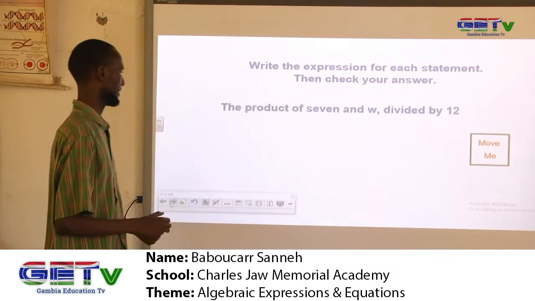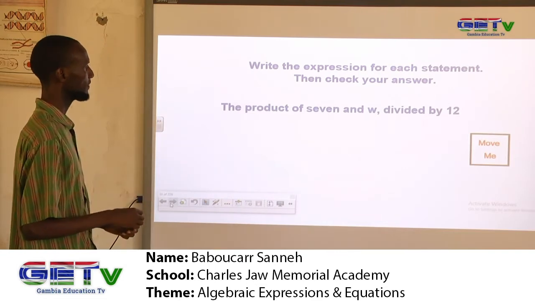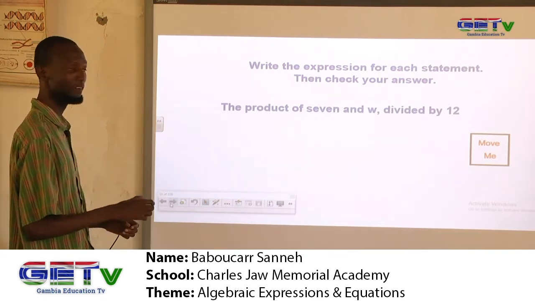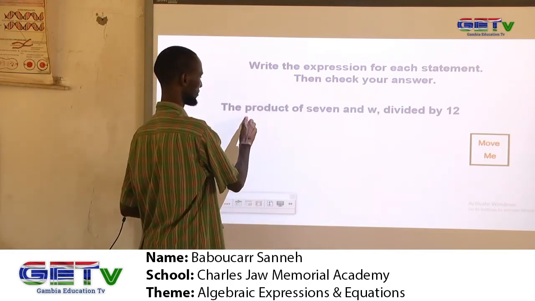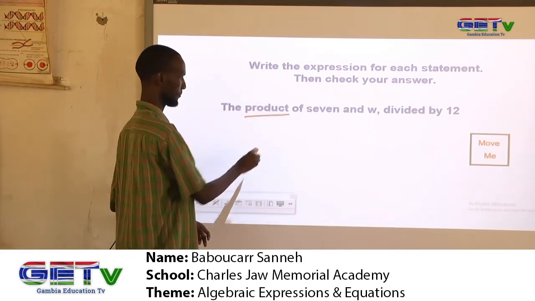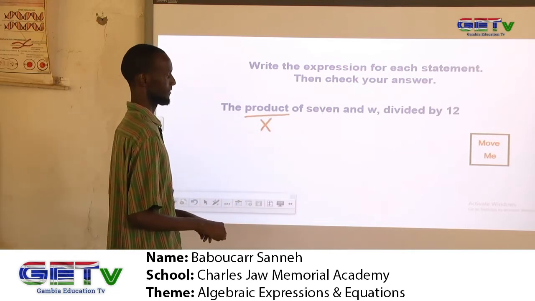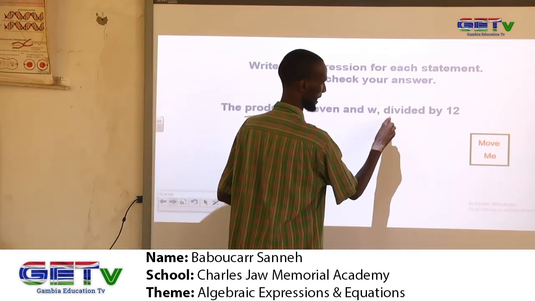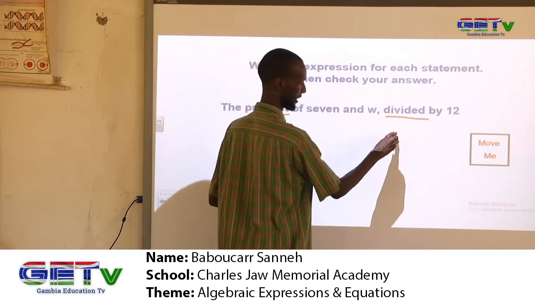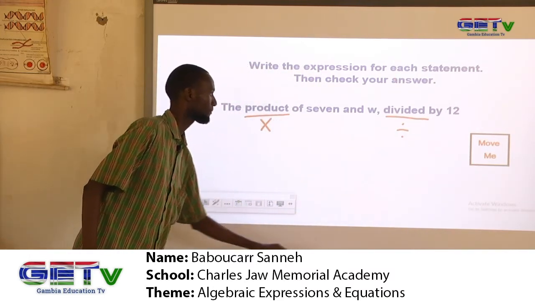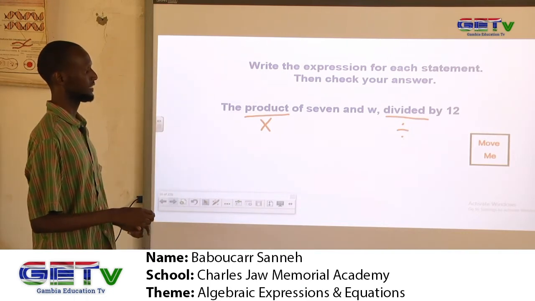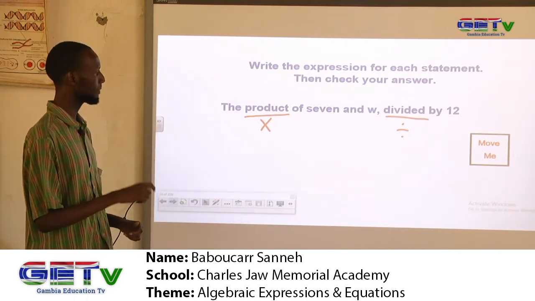Now, how about this other one? The product of 7 and w divided by 12. The product indicates a multiplication. Divided by, the name says it all, you are dividing. So we have the product of 7 and w being divided by 12.